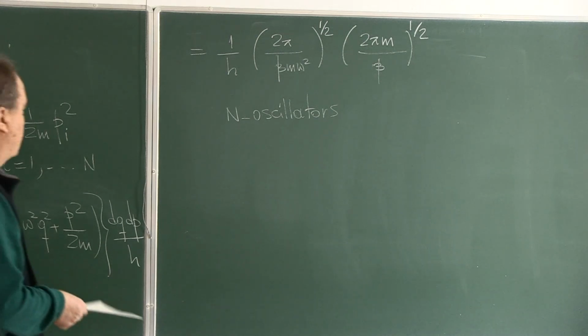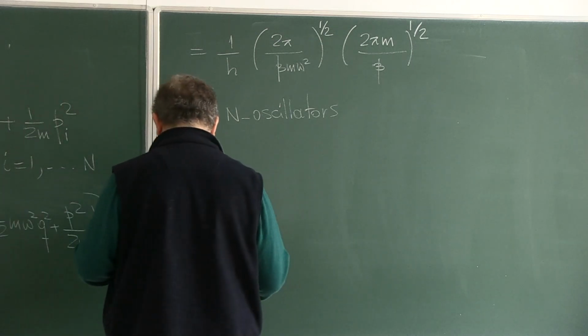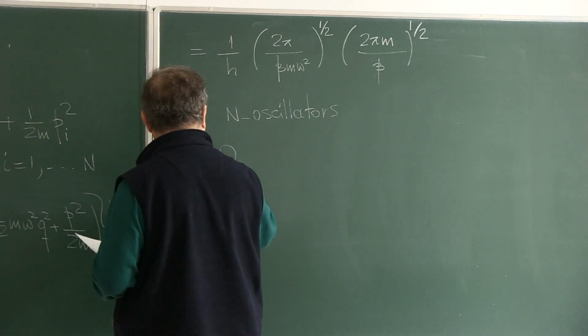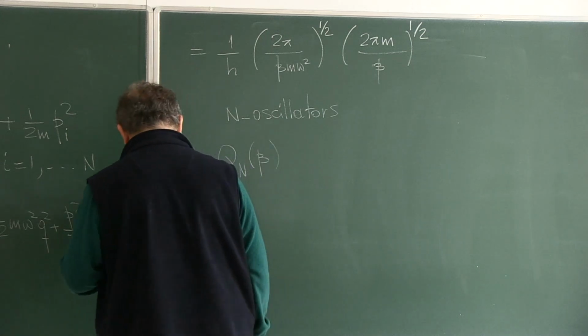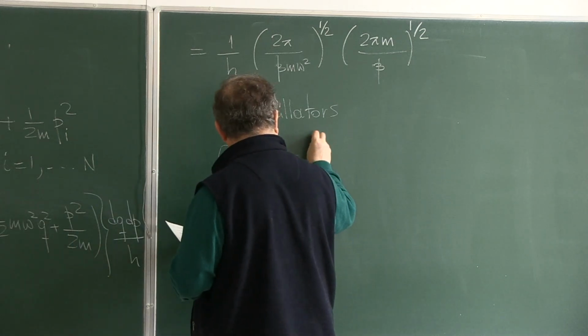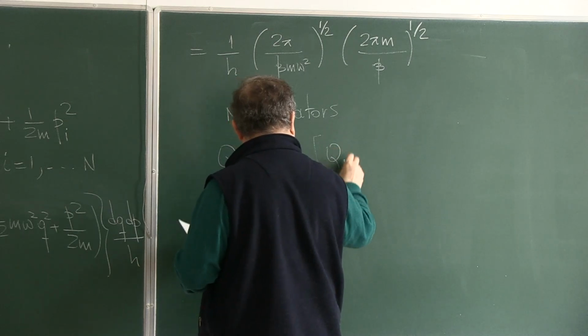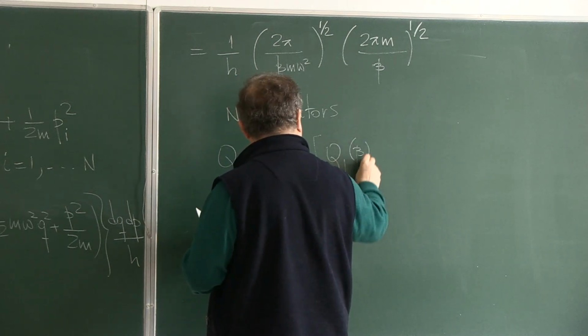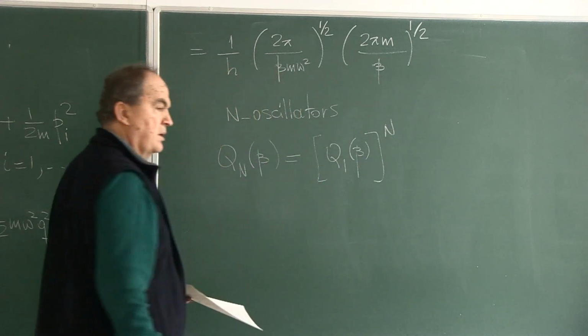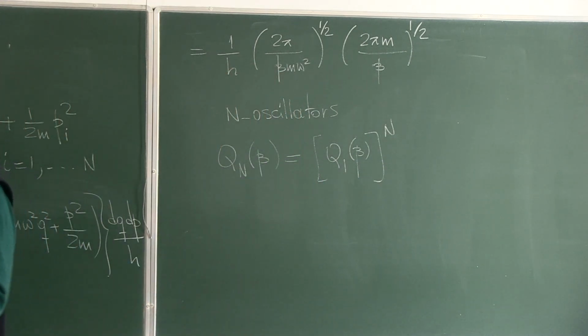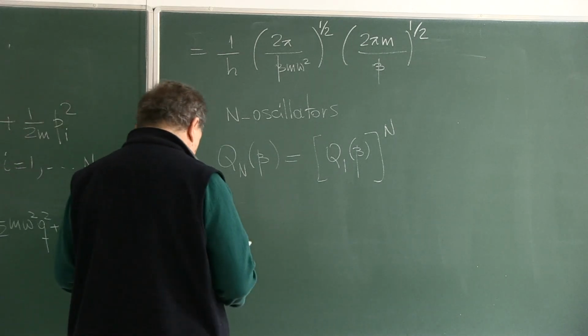Q_N as a function of temperature is just the one oscillator partition function raised to the power N. If indistinguishable, we have to divide it by N factorial, as we have learned in the last lecture.